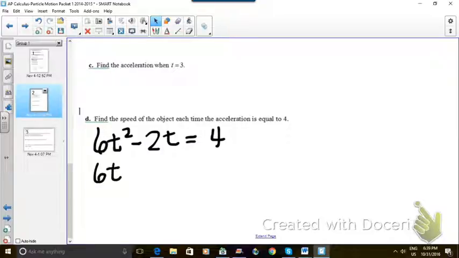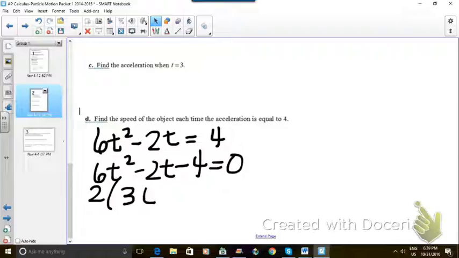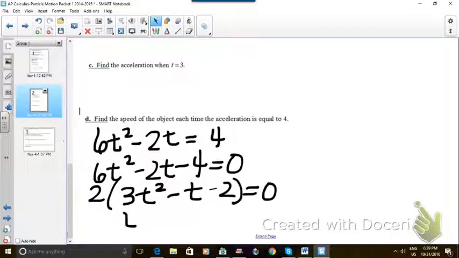I'm going to bring the 4 to the other side. Factor out a 2. And solve for t. We get t equals 1, or negative 2/3.